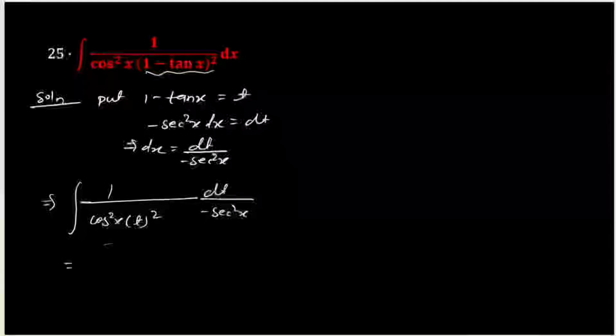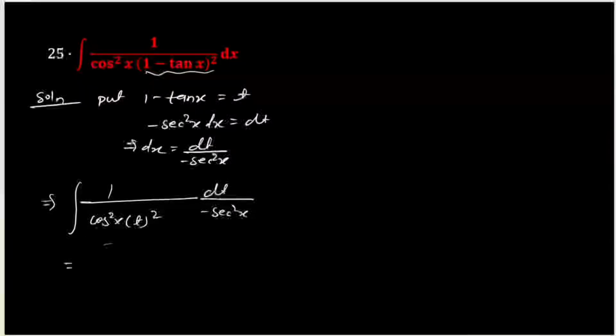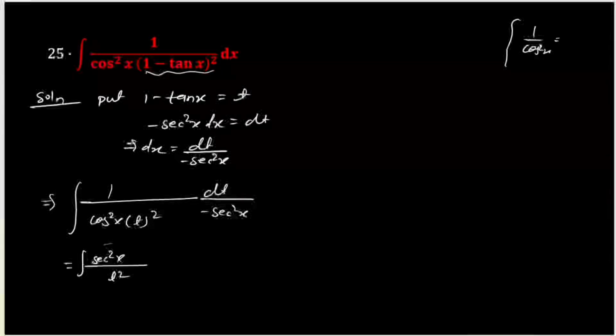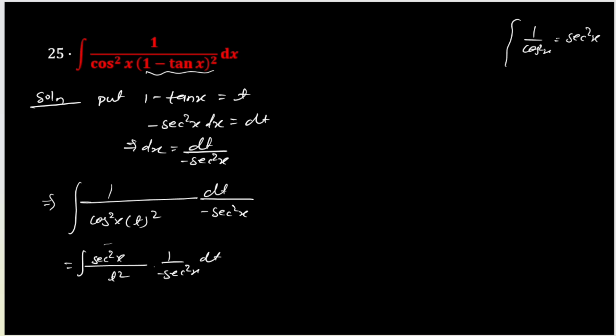Therefore it can also be written as the integration of sec²x by t² dx, because 1 by cos²x is equal to sec²x. So we can write here sec²x into 1 by sec²x into dt, and therefore this is essential.